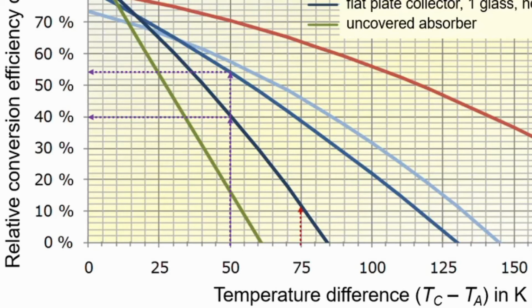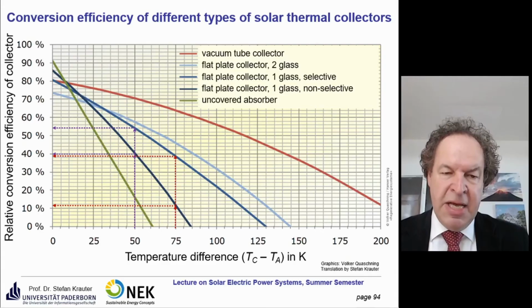So, advantage. And for the 75 Kelvin temperature difference, we have about 11% conversion efficiency for the non-selective absorber, and for the selective absorber we have 39% conversion efficiency. So let us see whether it pays off.